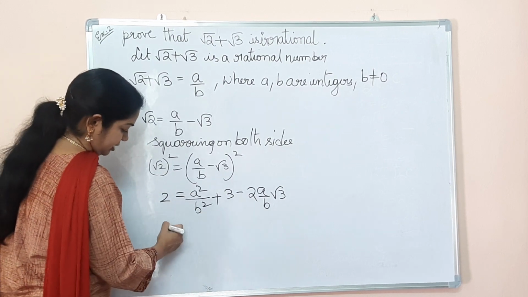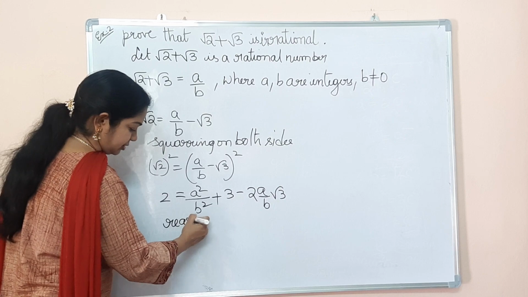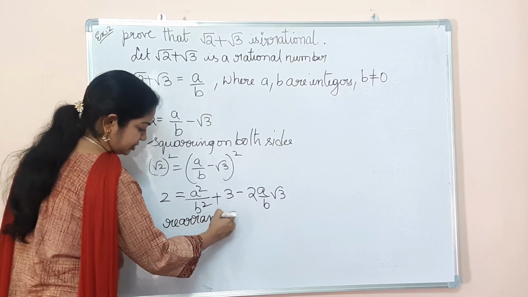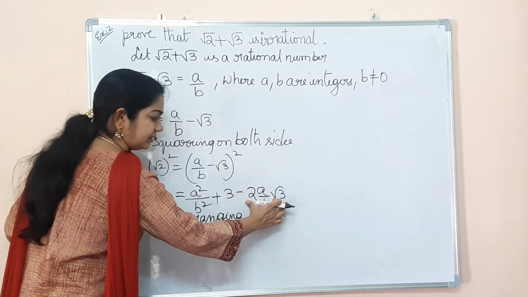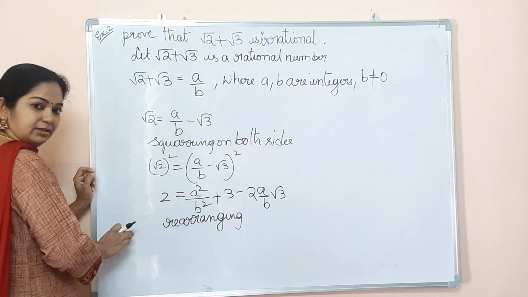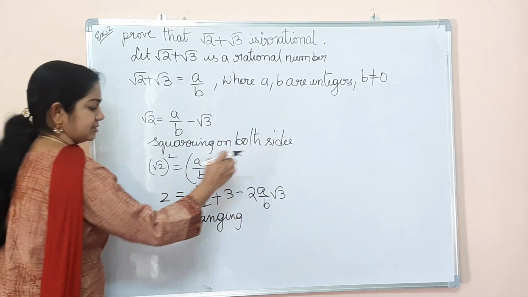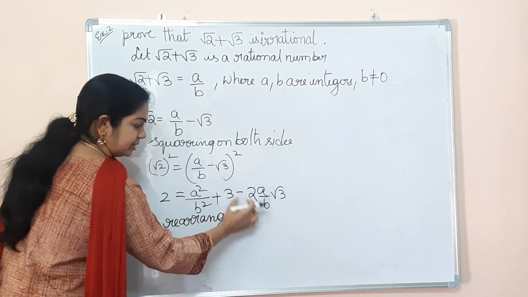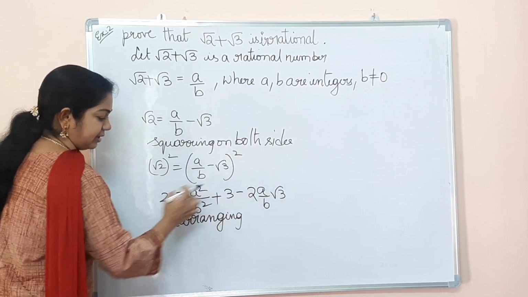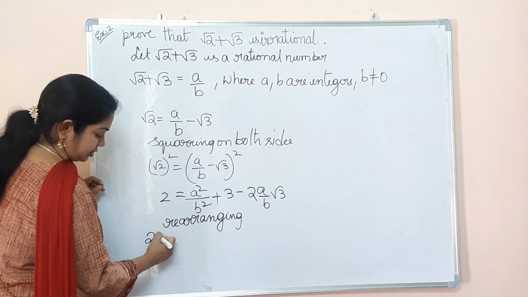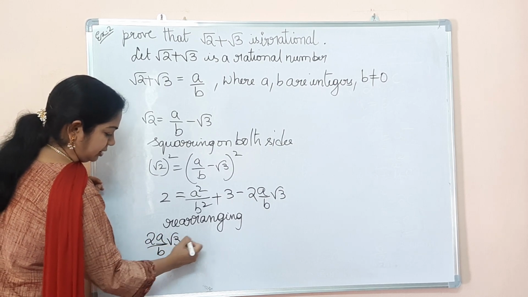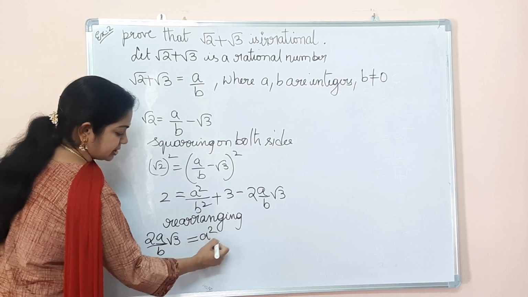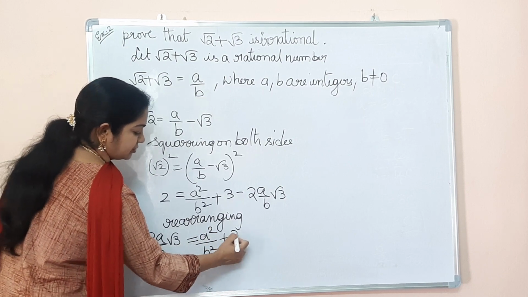Now we will be rearranging a few terms. This complete term I'll bring to the left hand side, and this I'll send here. The term having the minus symbol, if it comes here, becomes plus: 2A by B root 3 equal to a square by b square plus 3.